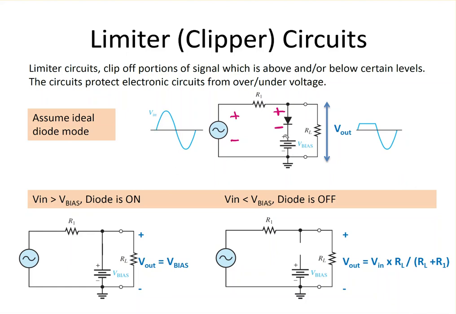And looking at V bias with the plus sign here and the minus sign there, V bias is some positive voltage. Okay, so it's some positive voltage, and when the input voltage gets above this voltage, so for this little region here, the diode will be forward biased.